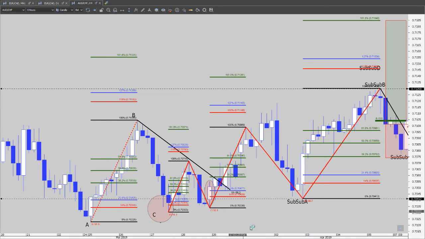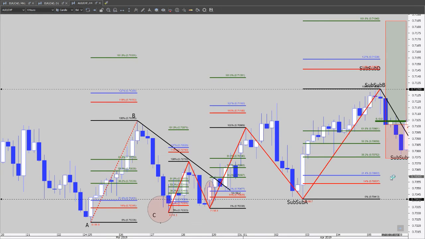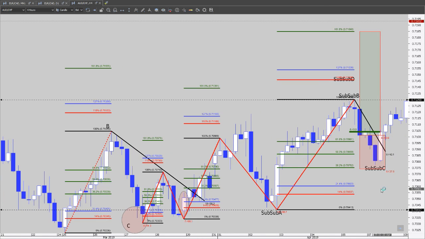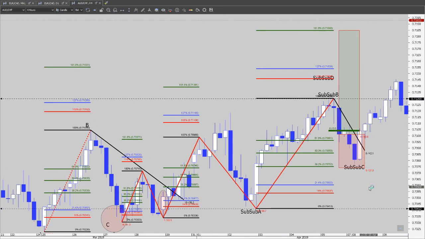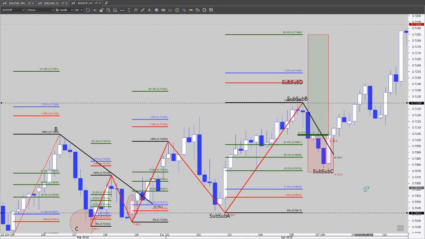We didn't enter for whatever reason, but we are entering using the confirmation Fibonacci. And let's see how this trade is going to play out. So the market is moving up and down. Of course the market is going to wave, and bam, hit our appropriate D extension.